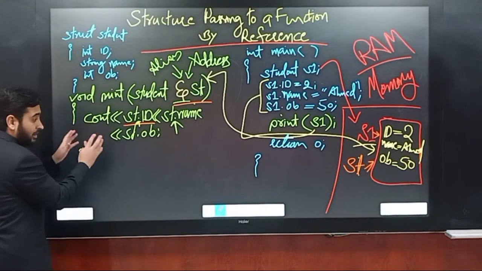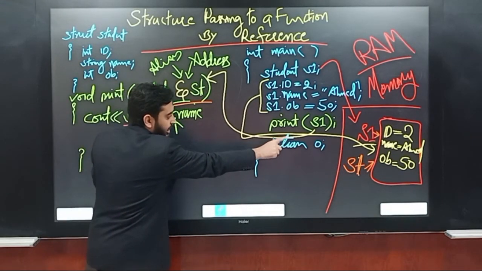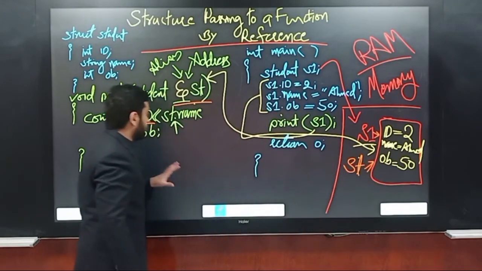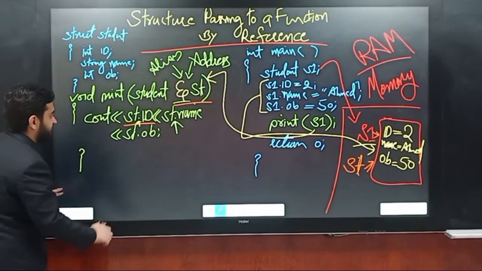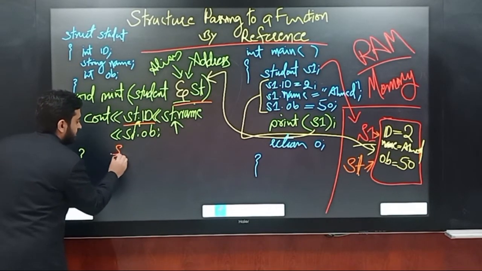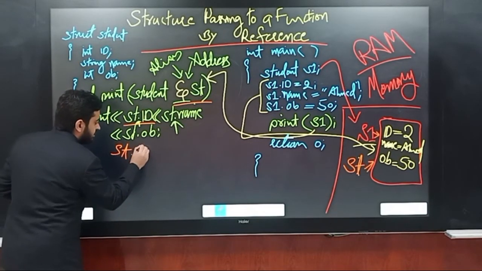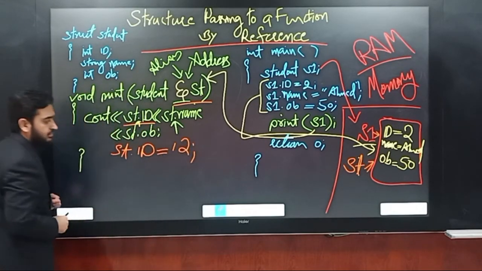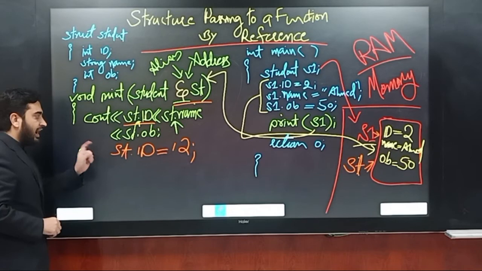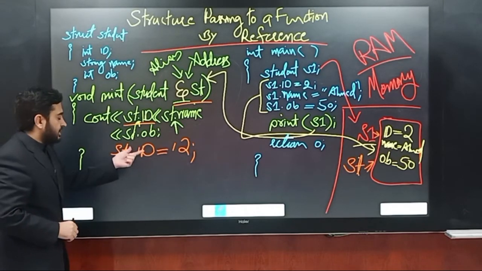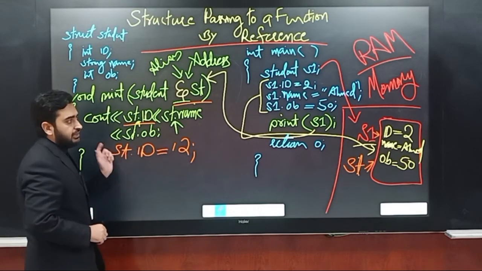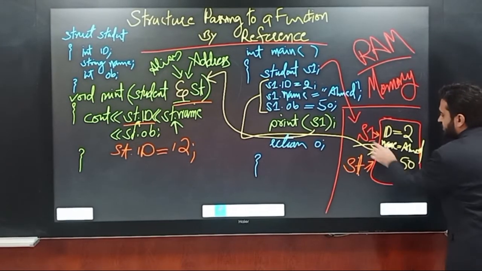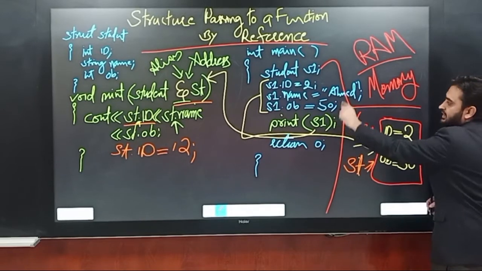And if you want to change the values in that space of the RAM, you can do it even from the user defined function just by writing st.id is equal to 12. It means that you are changing the value of id in the same location which has the name s1 in the main function.